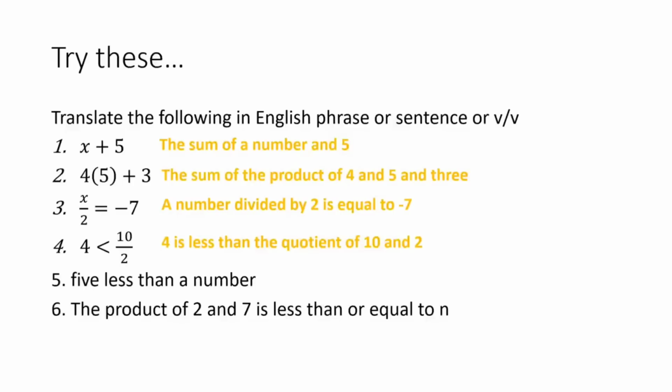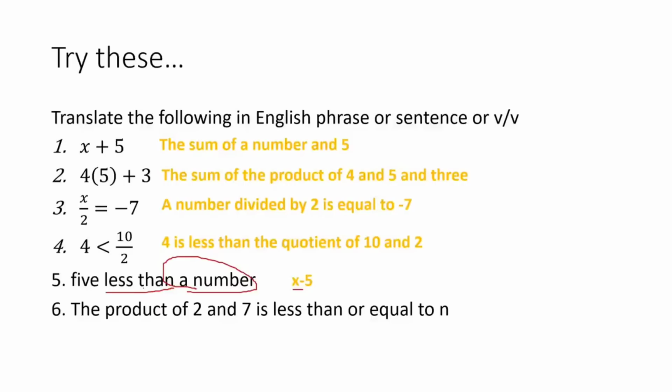For number 5, 5 less than a number is written as x minus 5. Because if you will remember from our example previously, the word that follows after the phrase less than is our minuend. That's why our minuend here is x, which is the unknown number, and our subtrahend is 5.